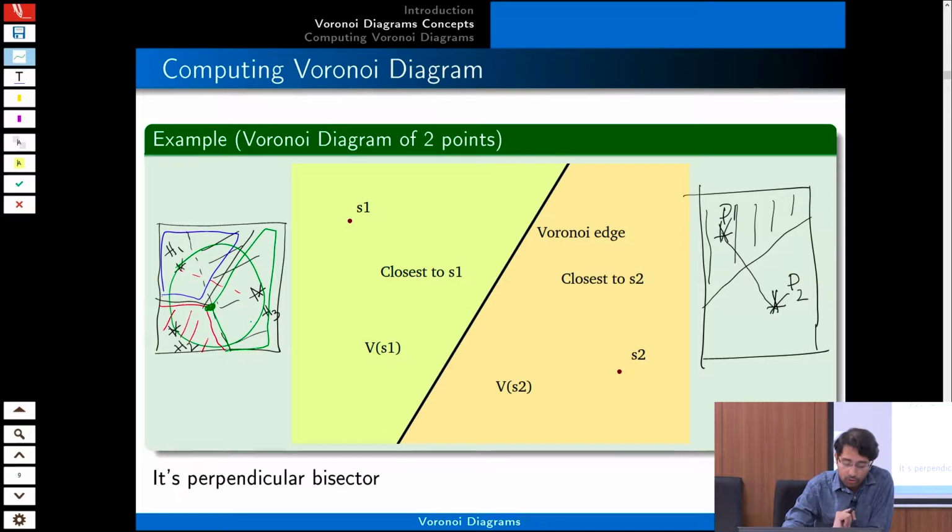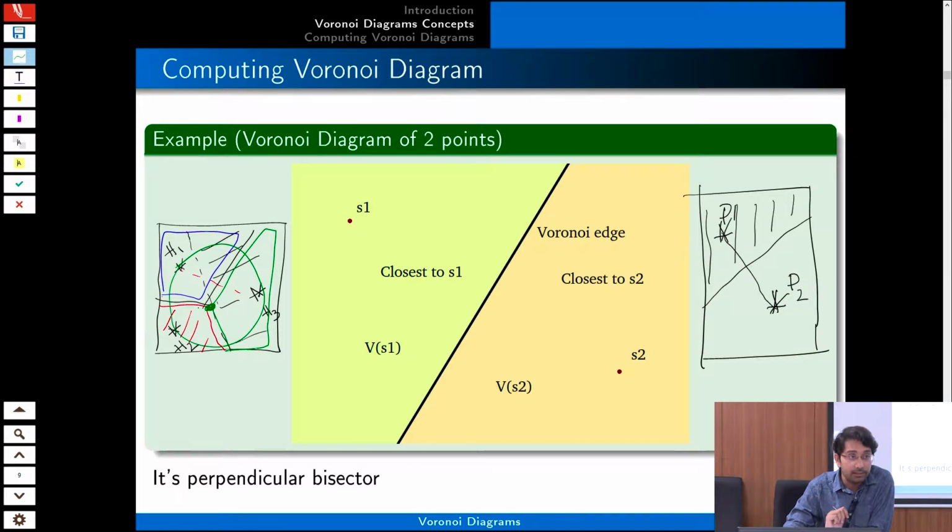Any other property? If I look at this circumcircle, why is this a circumcircle from any other point of view? This Voronoi vertex belongs to the Voronoi region of H1, H2 and H3.